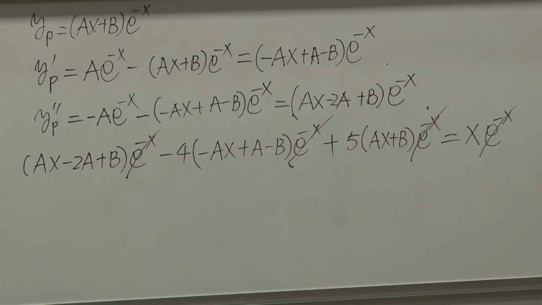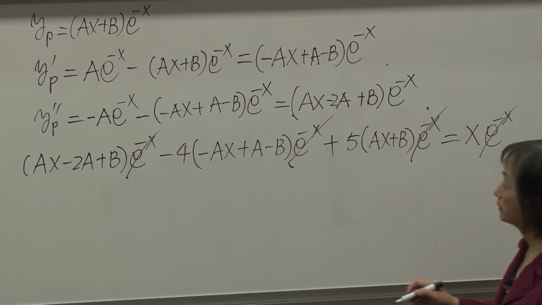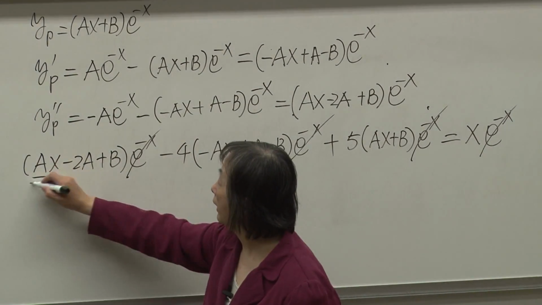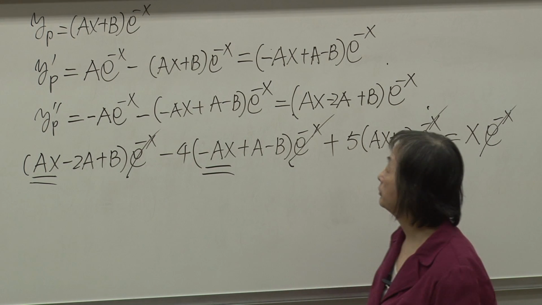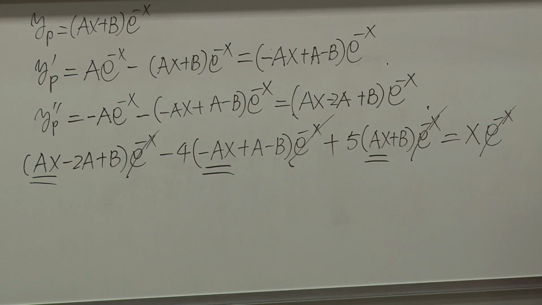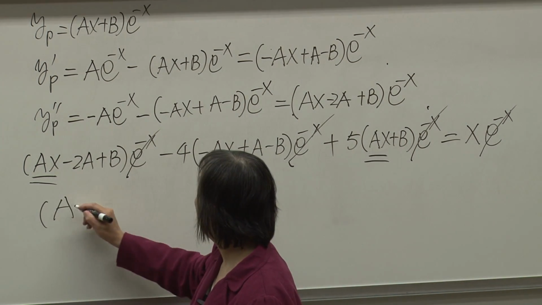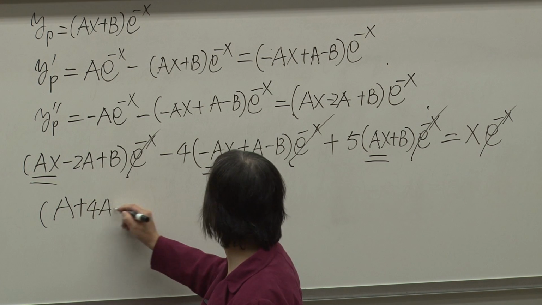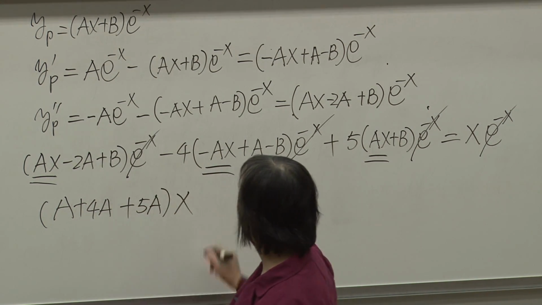Now let's combine coefficients, combine like terms. So we get ax, negative 4 times negative ax, 5 times ax. So we get a plus 4a plus 5a times x.